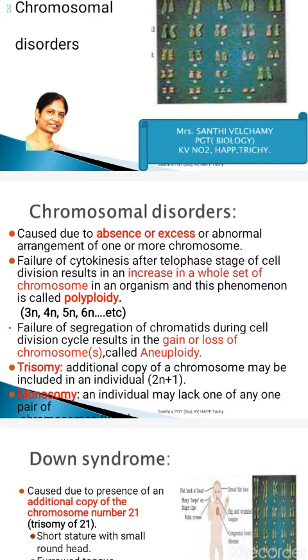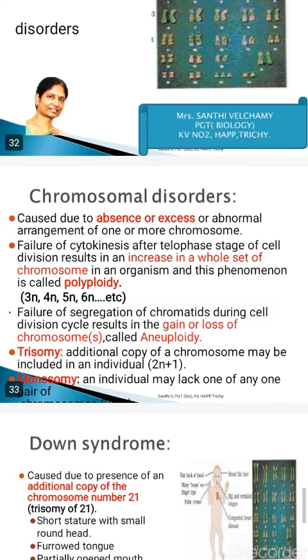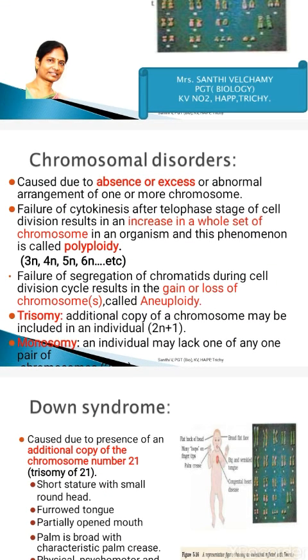So normally in animals, what can you observe? Aneuploidy, where instead of the entire set of chromosomes, there can be a loss or gain of a single chromosome.